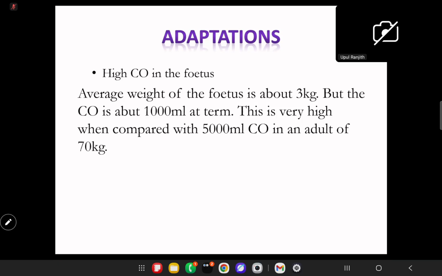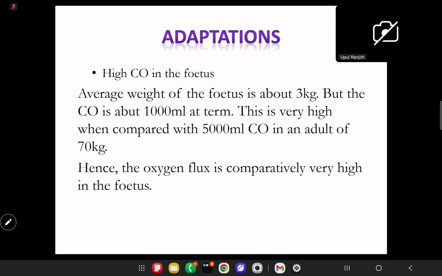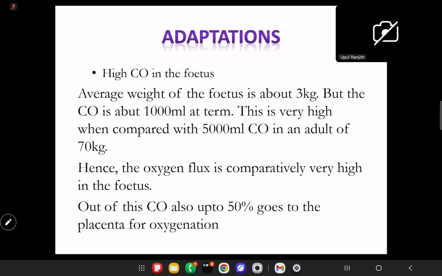So it is only 1/5, but for only 3 kilos. Hence, the oxygen flux is comparatively very high in the fetus because the cardiac output is very high.